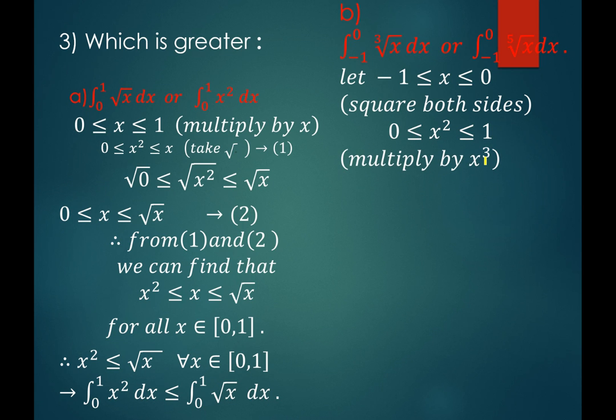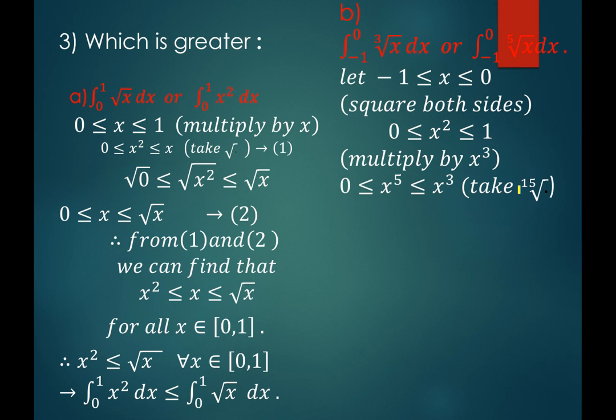Now multiply by x cubed. Why? To get x^5. So this is the idea. You will get now 0, x squared times x cubed, add the powers to get 5. 1 times x cubed is x cubed. So we are multiplying each by x cubed. Now, to return it back as roots, we are going to take the LCM between 3 and 5, which is 15.